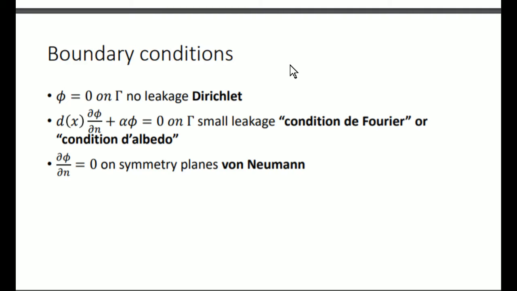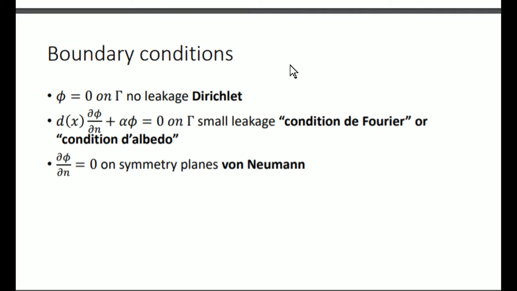The second one actually has no conventional name. In French, we call it either condition Fourier, so Fourier condition, or albedo condition. It represents the fact that in reality, what hits the water outside the reactor is partially neutrons. So you have to consider that a small portion of neutrons escapes the reactor, else it would lead to a bomb.